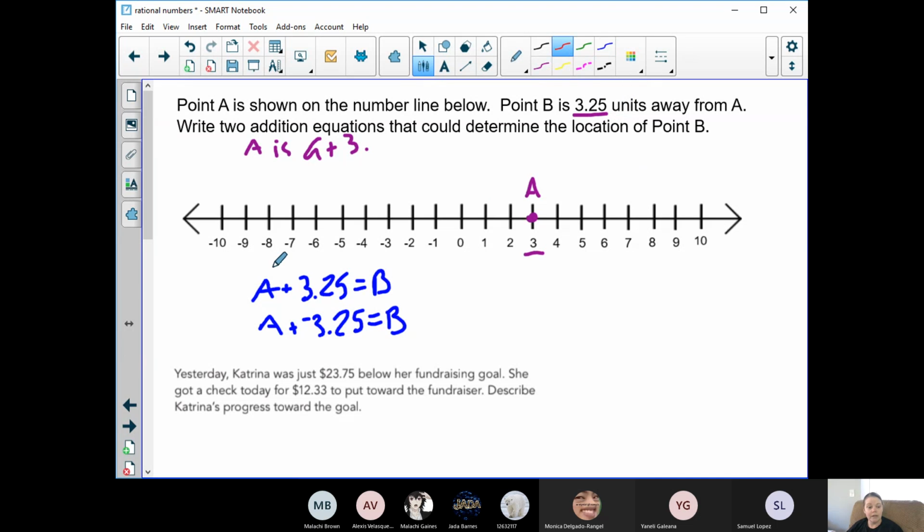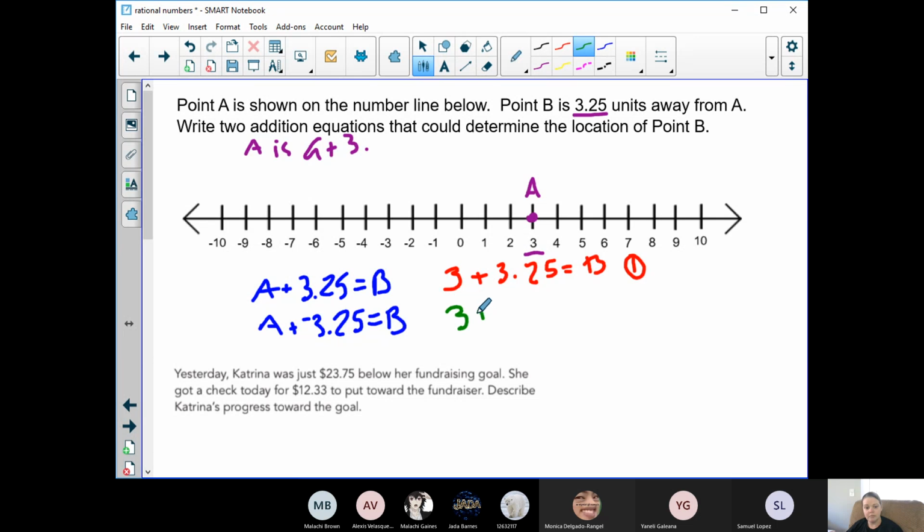So for our A plus 3.25, we know A is at 3. So 3 plus 3.25 equals B, and that is equation number 1. And then equation number 2, the only thing I'm going to change is making 3.25 negative.